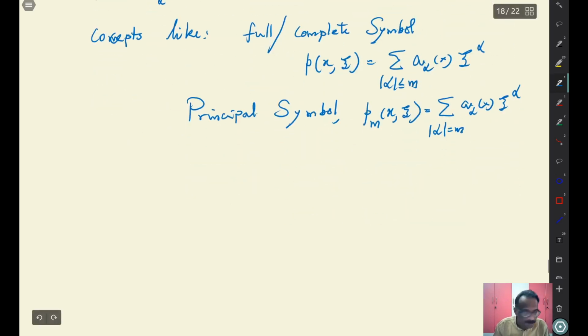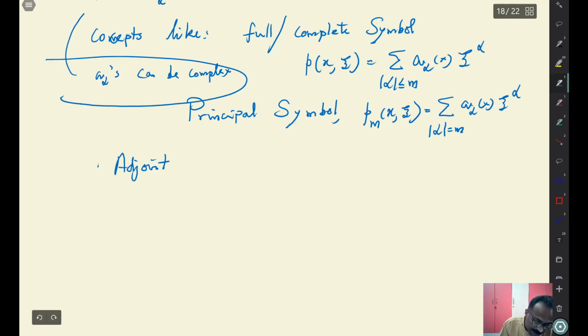Corresponding to this operator, we will define what is an adjoint operator. The a_alphas can be complex. The adjoint you denote by P prime, or P dash, of x, D. It comes from integration by parts.